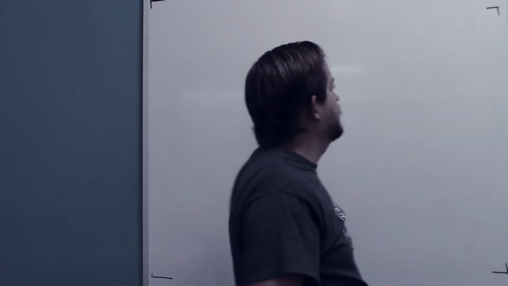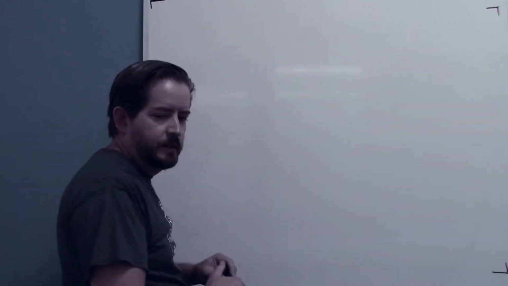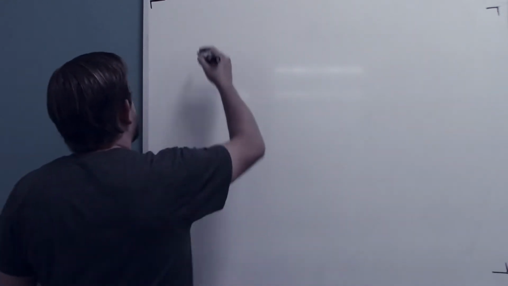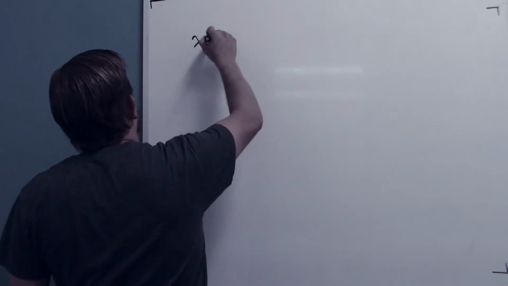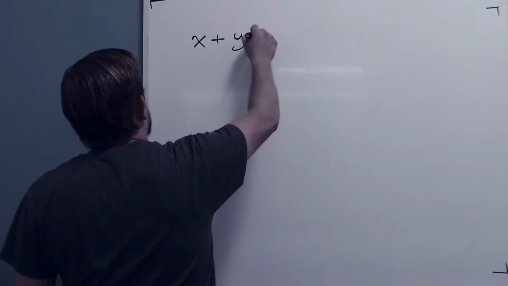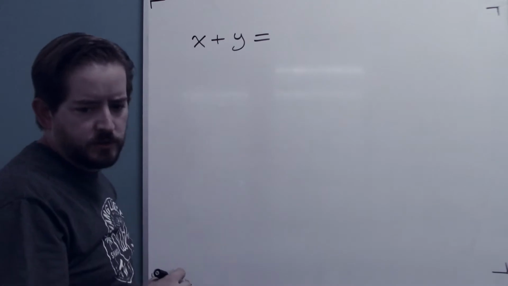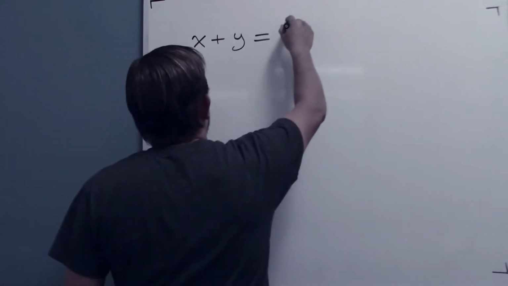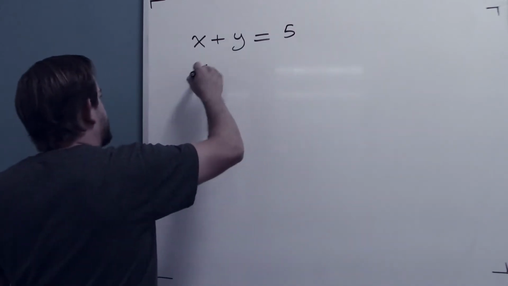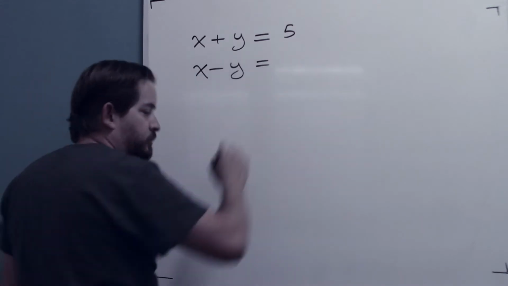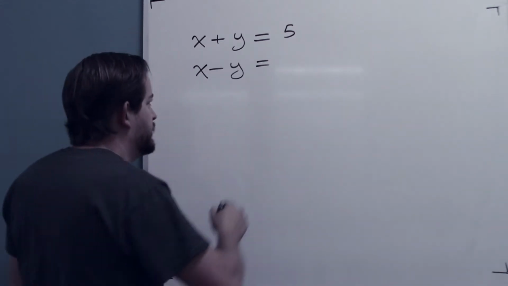If I have a system, let's say this one, x plus y, very simple to start here, equals 5. And then I have x minus y is equal to negative 3.